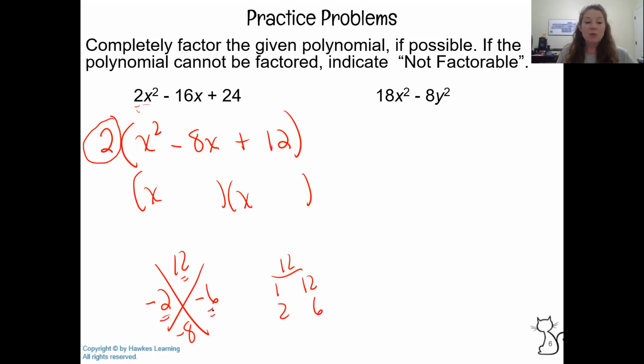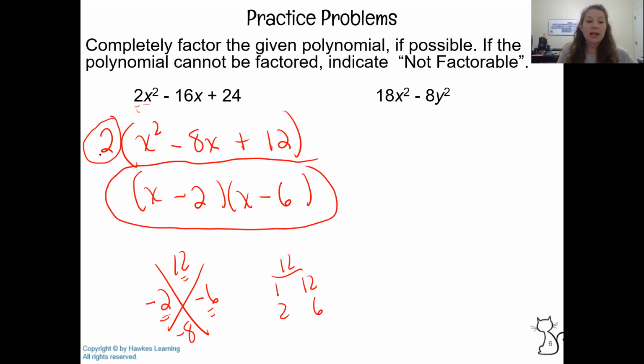So those are going to be what goes in our parentheses, -2 and -6. And that's our final answer. Oh, I'm so sorry. I almost forgot about the 2 we ignored for a minute. That must be included in our final answer. So now if we FOILed this and then multiplied everything by 2, we would get what we started with.